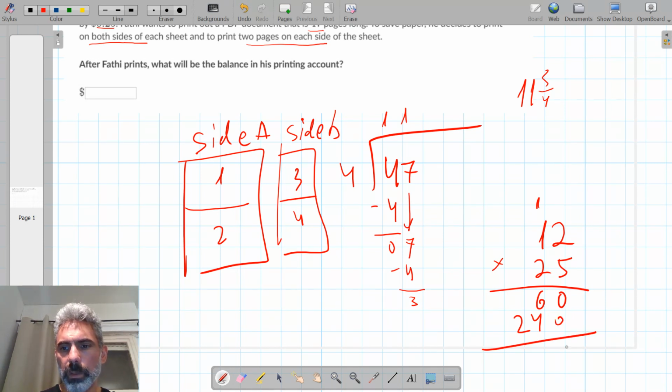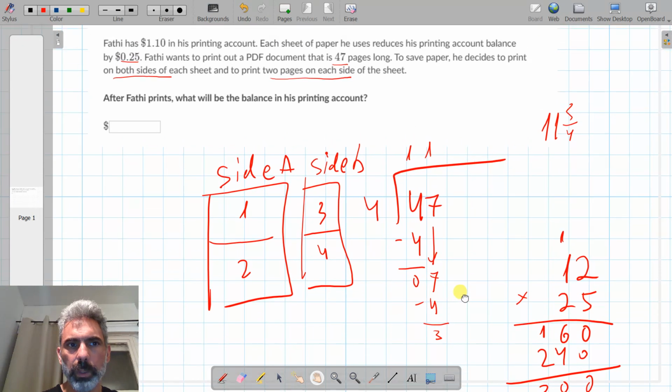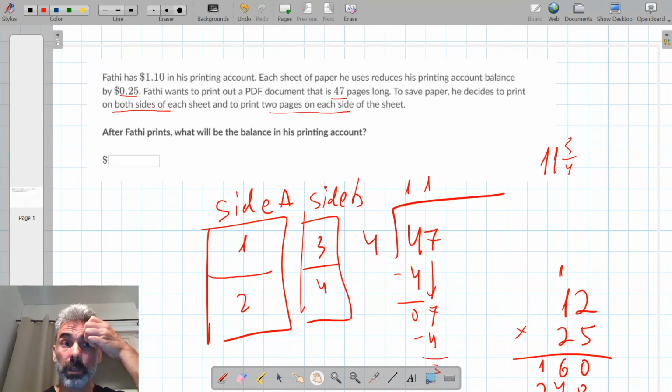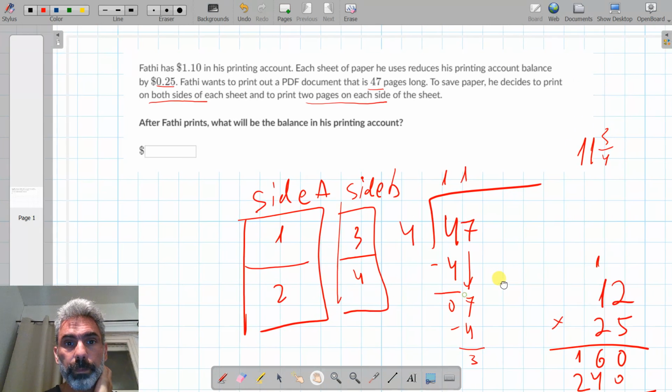So 0, 0, 300. Okay, we need to shift the decimal point 2 places to the left. So this is $3. So we will need $3 to print the 12 pages.